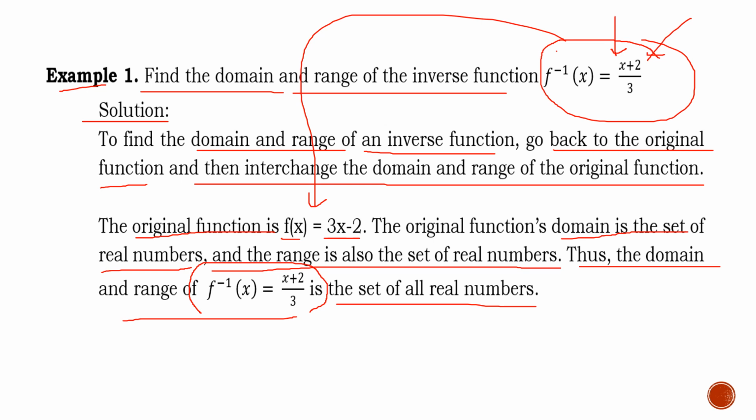If the domain and range in your original function is the set of all real numbers, it's automatic that the range and domain in your inverse function is also the set of all real numbers, because we are simply switching the values between your x and y variables.